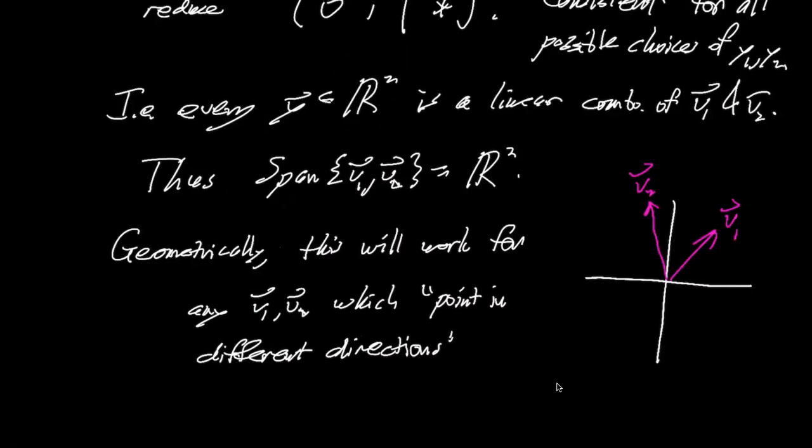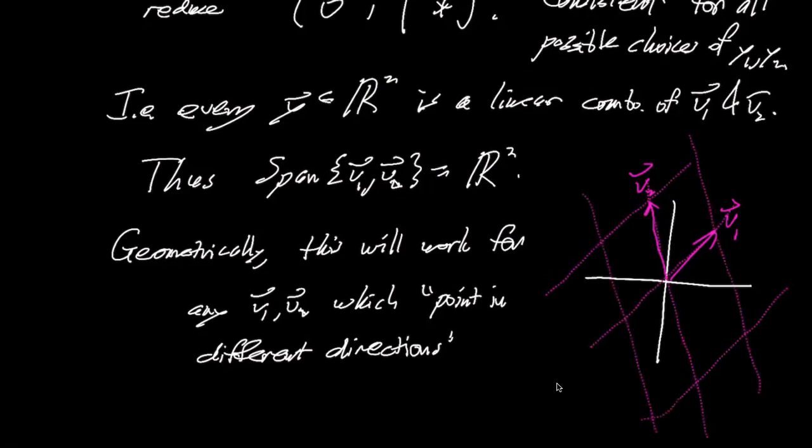There are grid lines parallel to v1, and then you also have the grid parallel to v2, and so on. And it feels like every point can be reached by scaling and adding v1 and v2. Okay.